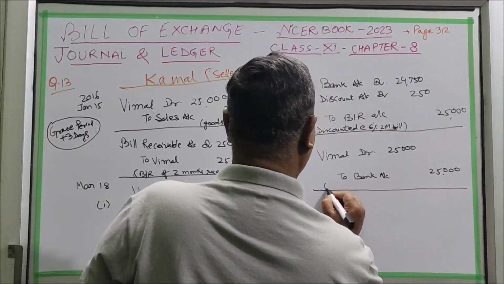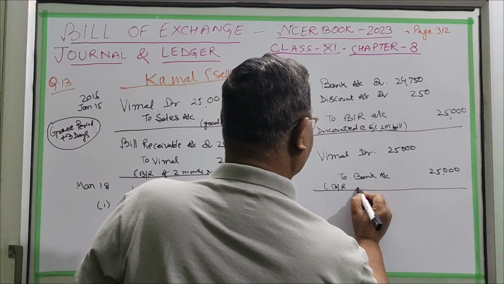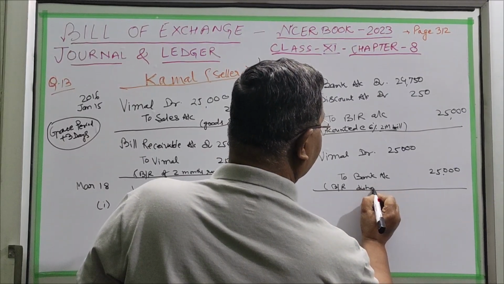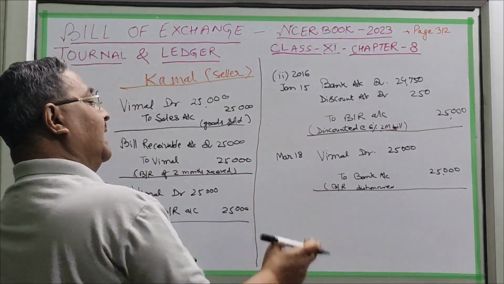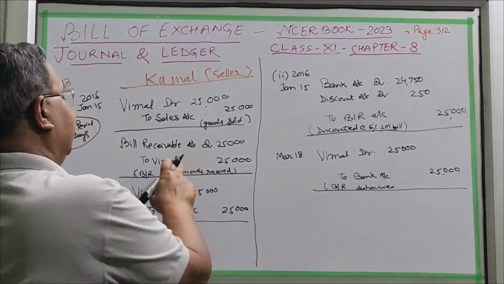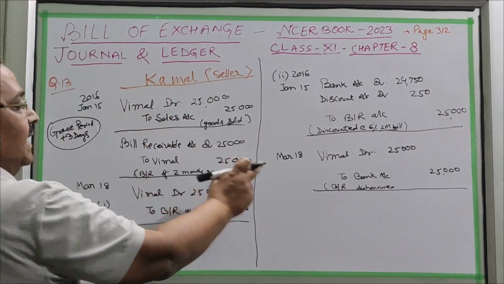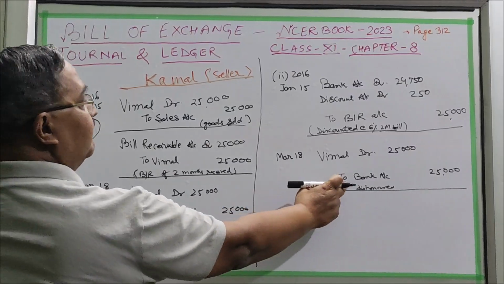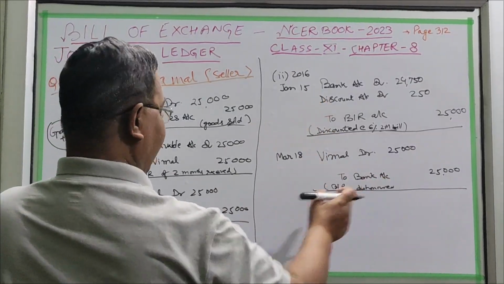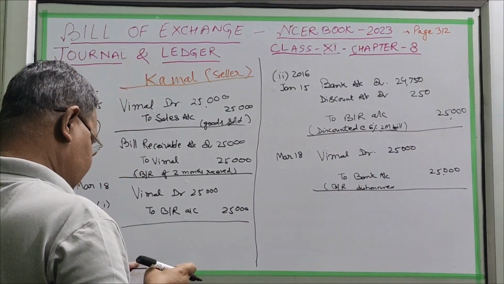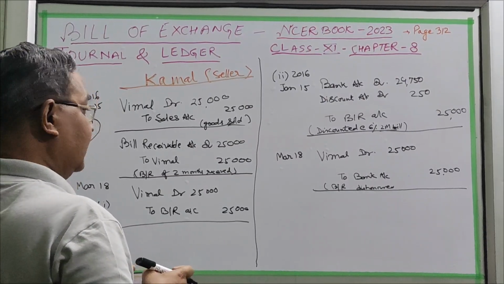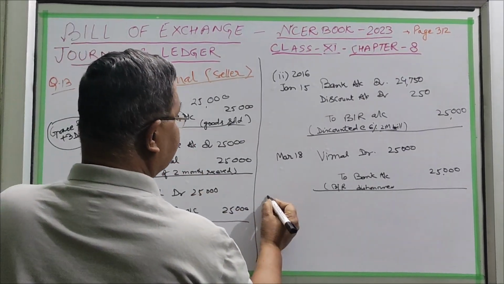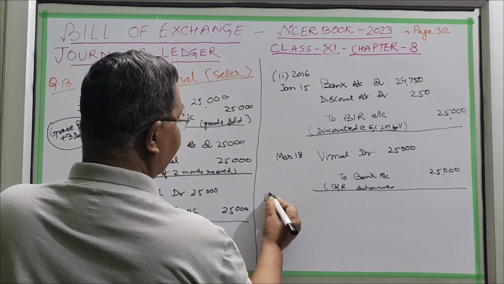Bill dishonored. When a bill is dishonored, the original debtor again becomes the debtor, and the bank entry is reversed. The bank recovers the money. The bill was endorsed by Kamal in favor of his creditor Sharad. Suppose a third case is there.